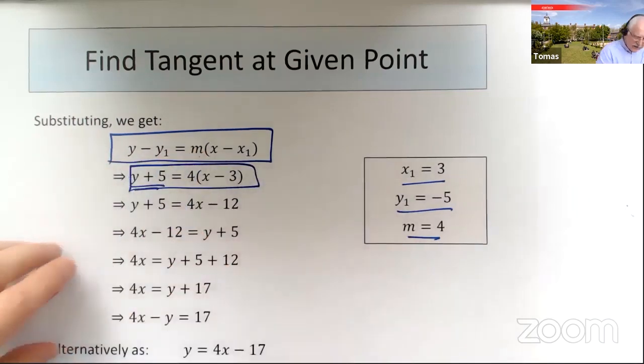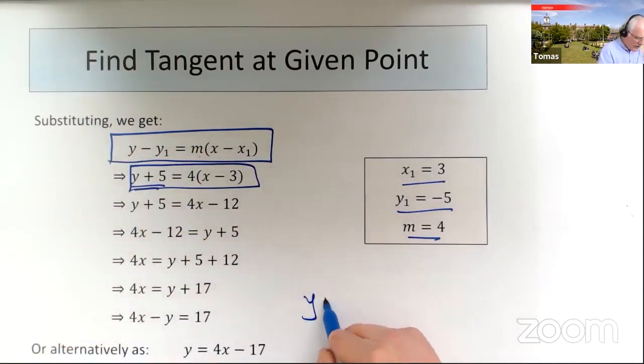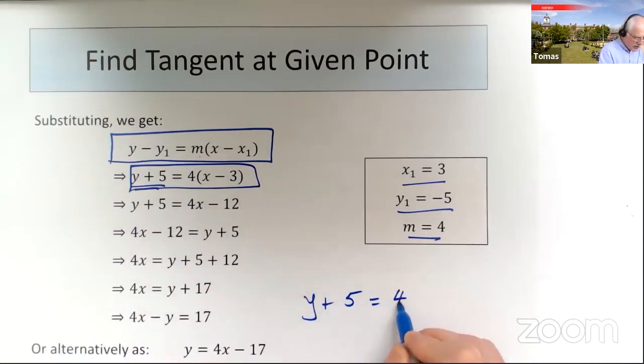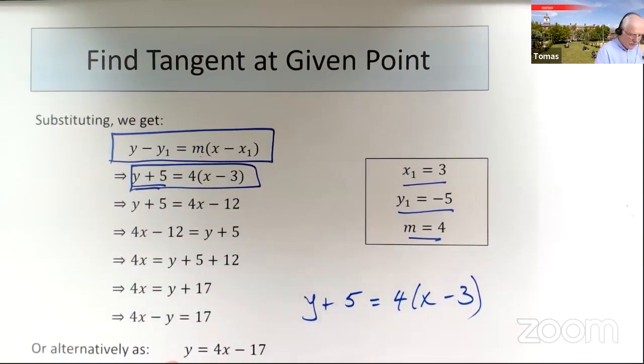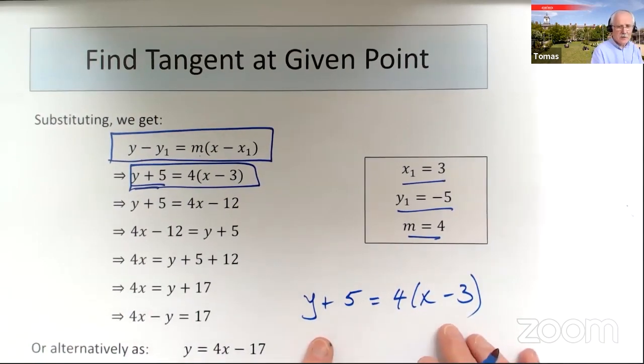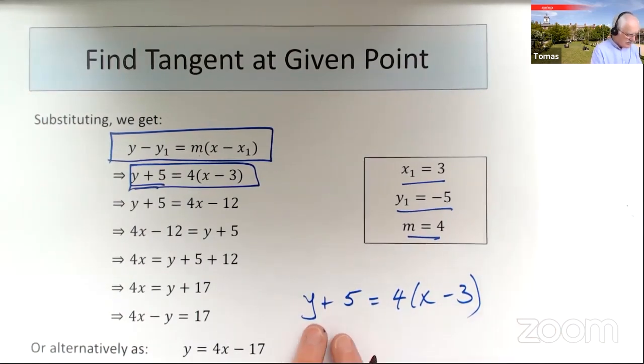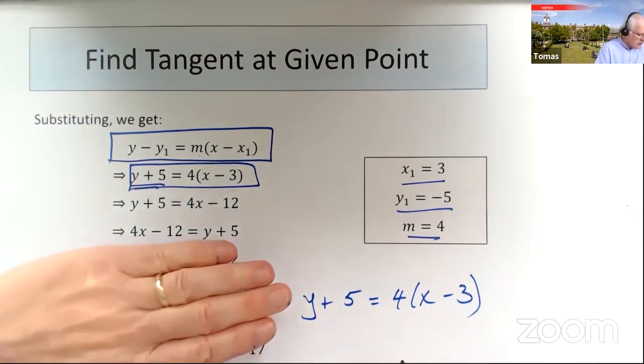So we now have this line here: y plus 5 is 4 times x minus 3. And that's just an equation, so we're going to tidy it up. Sometimes we like one thing on the left-hand side, and sometimes we like two things. Let's assume we just want y on the left-hand side. How do we do it? Well, let's go through it.